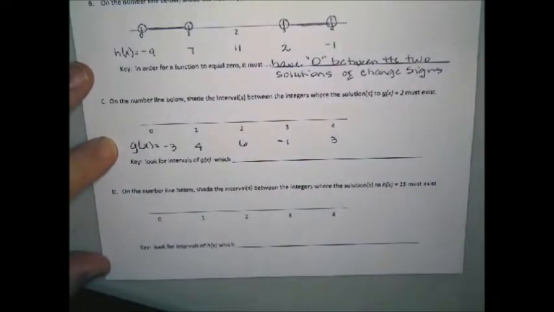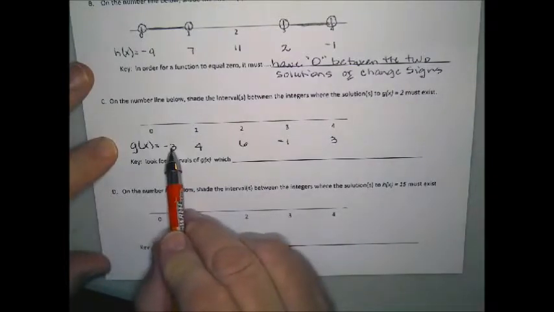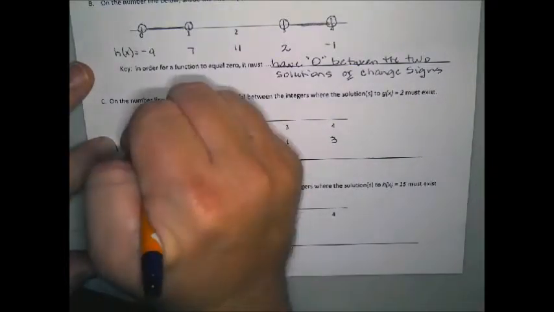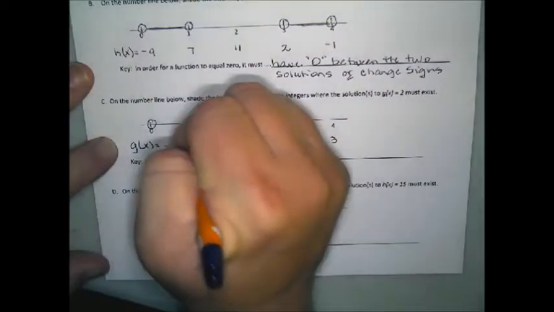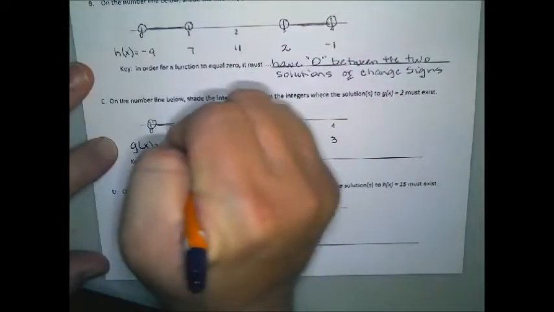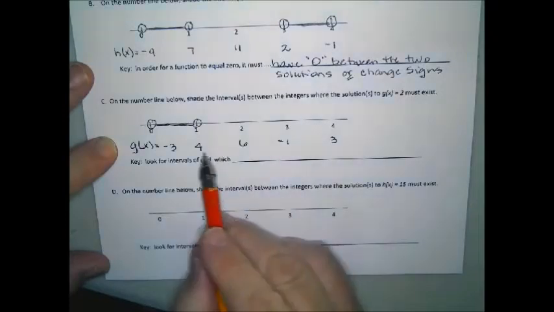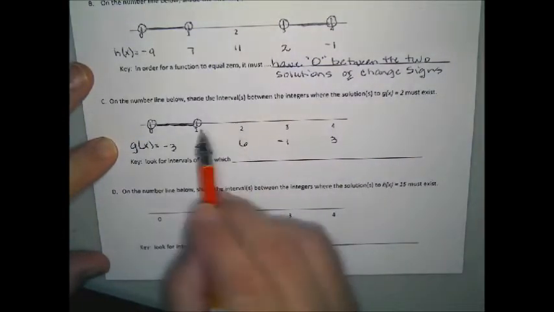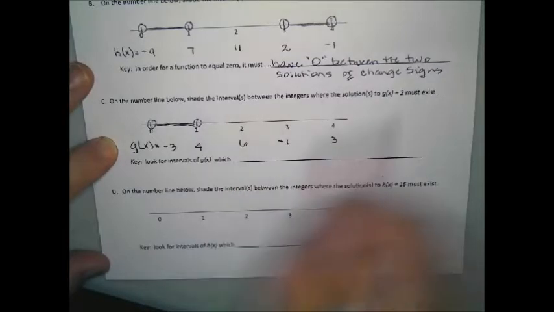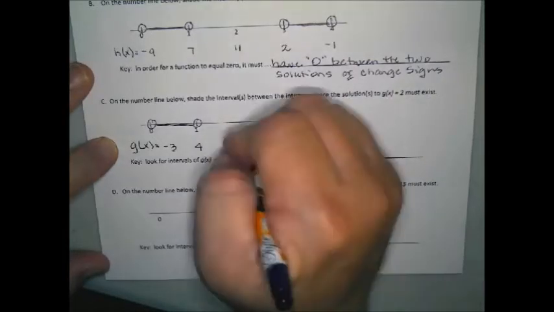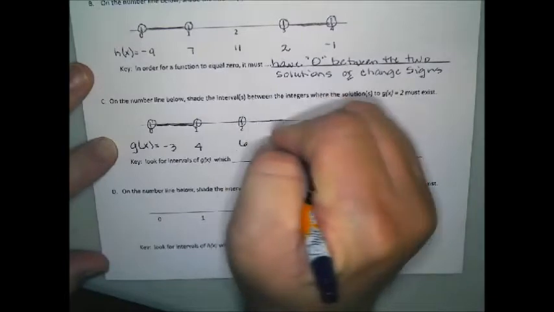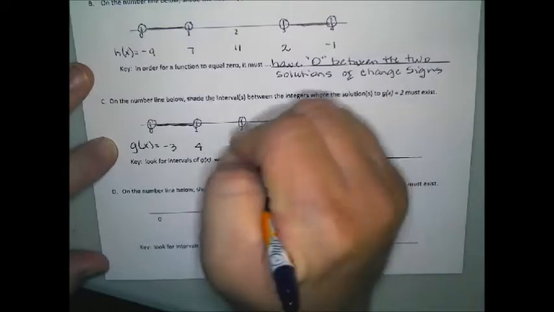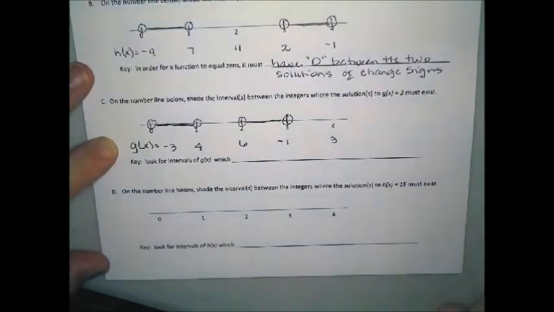So, where did 2 have to happen? 2 is between negative 3 and positive 4, so it had to happen somewhere between those two values of x. Not really quite sure where. 4 to 6, 2 is not contained in 4 to 6, so it didn't happen here. 2 is between 6 and negative 3, so it did happen somewhere between those two values.